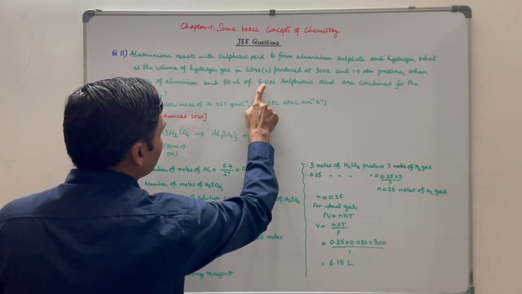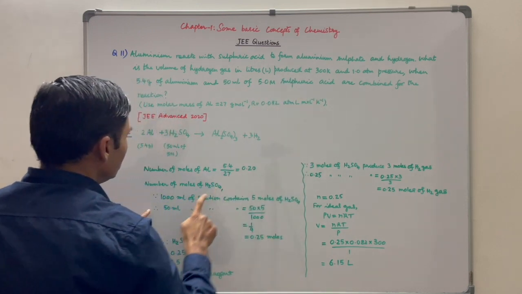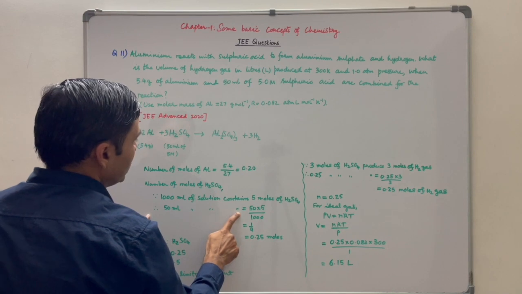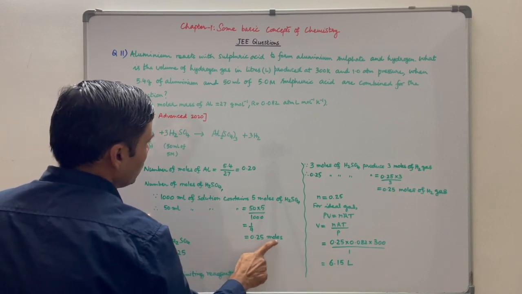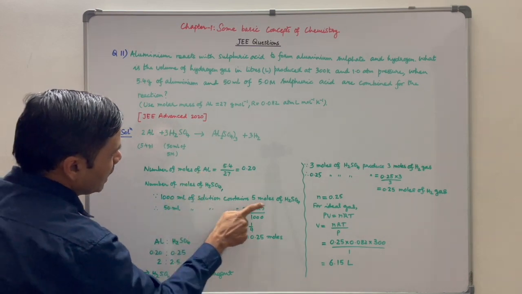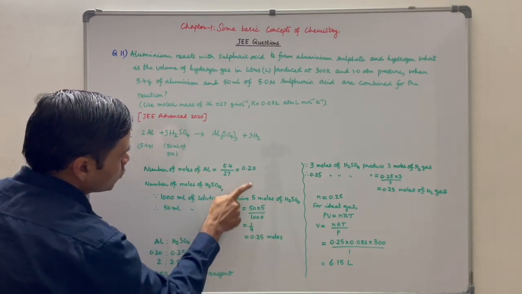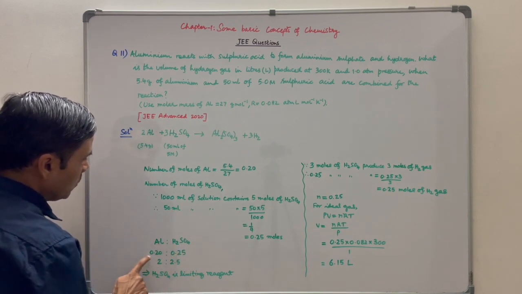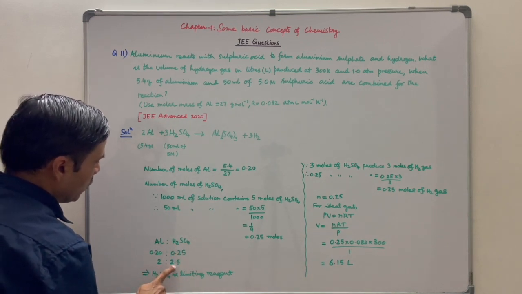That is the meaning of 5 molar sulfuric acid. So 50 ml of solution contains how many moles of H2SO4? That comes out to be 0.25 moles of H2SO4. So the molar ratio of aluminium and H2SO4 is 0.2:0.25. Multiply both by 10. So equivalent ratio will be 2:2.5.